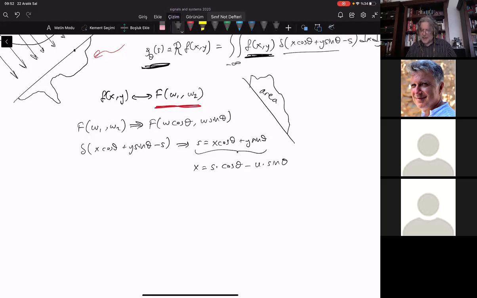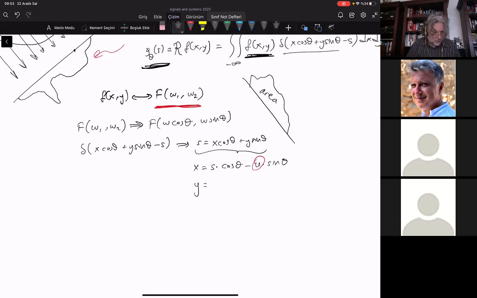Here I am inventing a new notation, which is u, but you can think of it as the orthogonal direction of s, okay? That's s is like this, and therefore u is the orthogonal to that. We will not be using it anyway, but we are just notating it.